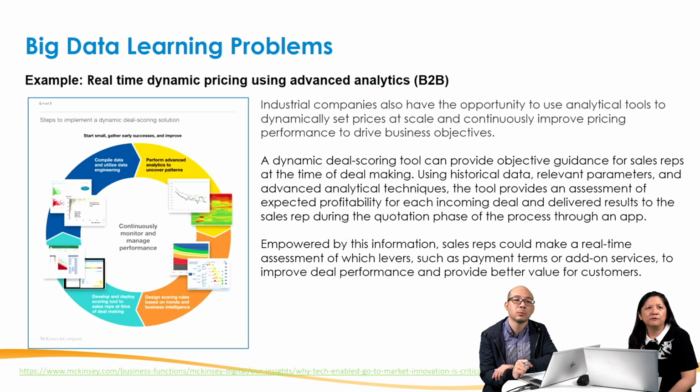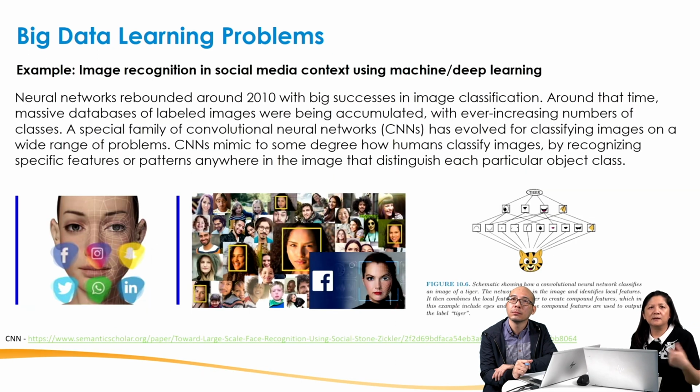So these are examples of big data learning, including dynamic pricing using advanced analytics in the B2B space. So it's not just confined to the business to consumer space. We can also apply statistical machine learning techniques in the B2B space. Last but not least, neural networks rebounded around 2010 with big success in image classification.